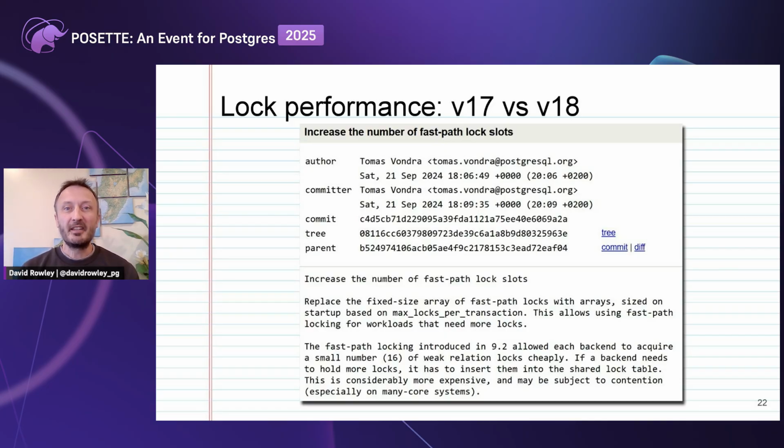Whenever we do anything in Postgres, we have to obtain a lock on the object that we're going to use. So if you're running a select query on a table, we must obtain a lock on that table. That prevents things like other concurrent sessions from doing a drop table or some other operation that conflicts with what we're doing.